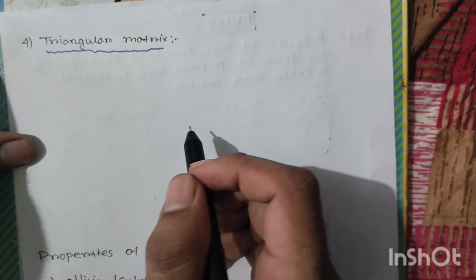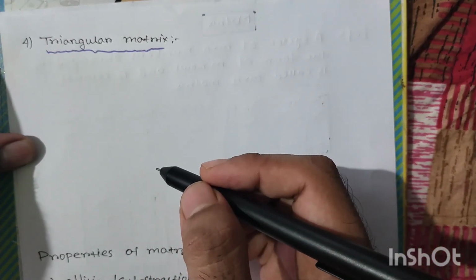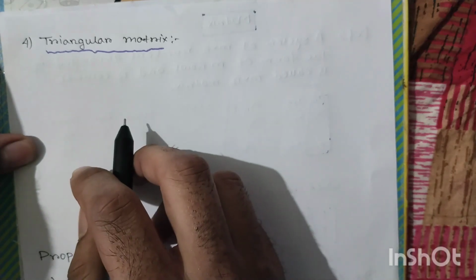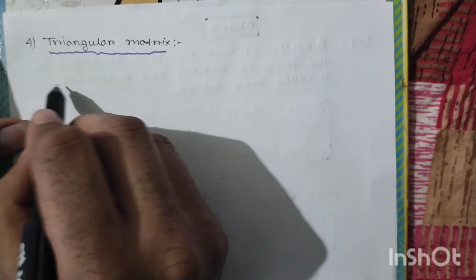Okay, now another type of matrix, which is the triangular matrix. What is a triangular matrix? If a matrix gives some triangular form, then that matrix is called a triangular matrix. How does a matrix give a triangular format?